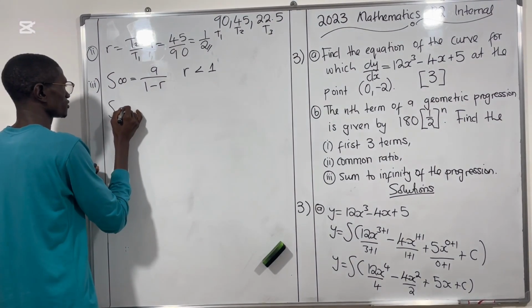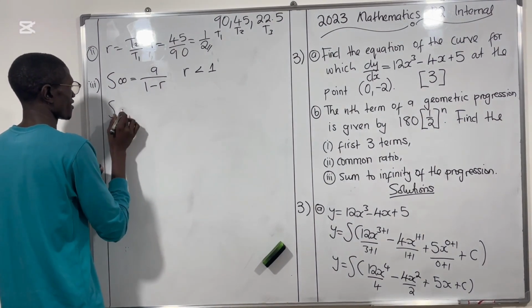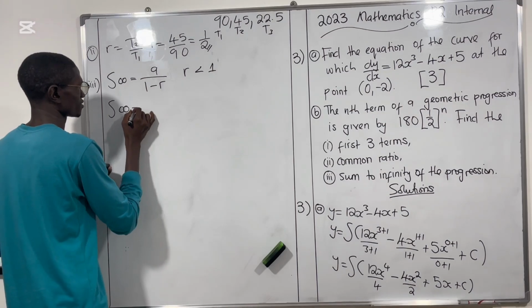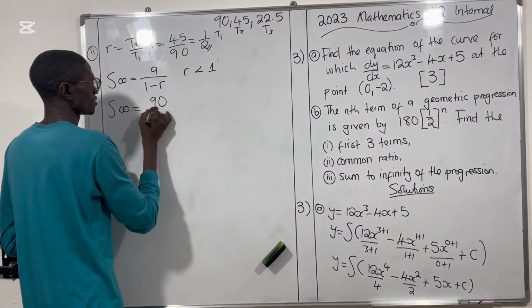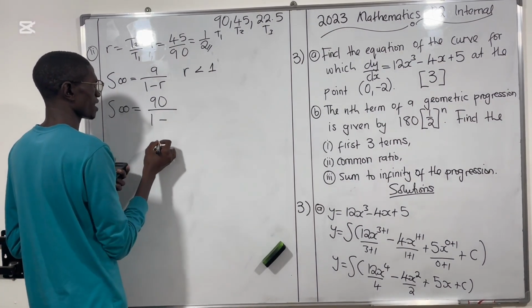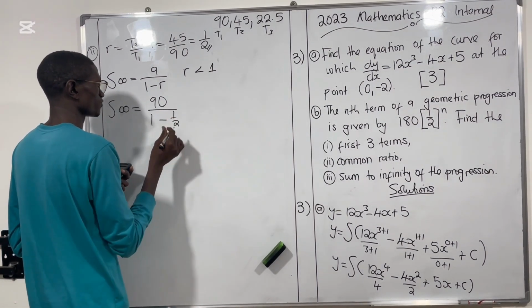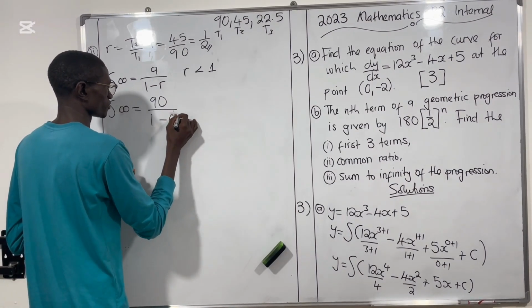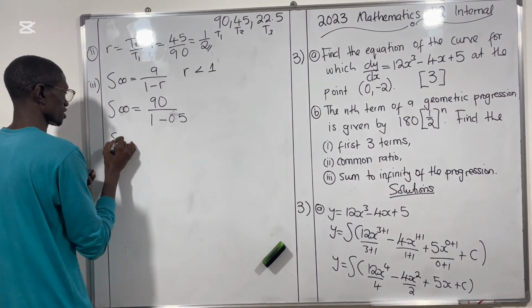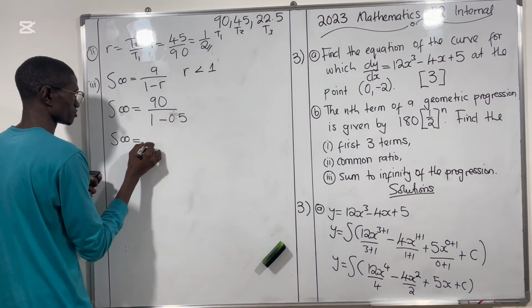So sum to infinity is going to be equal to, what is our A? Our A is 90. The first term is 90 over 1 minus R, which is 1 over 2. Or if you want, you can actually put it as a decimal. 1 over 2 is the same as 0.5. Since you're using a calculator, it's fine. You can still work with decimals.